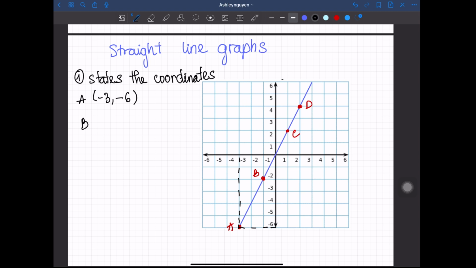Point B, I would change the color to be easier to see, has the x coordinate as negative 1 and the y coordinate at negative 2.